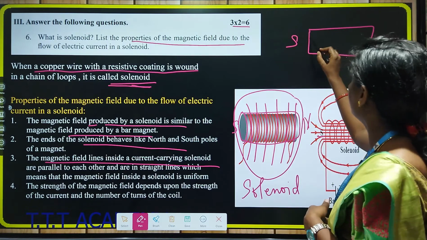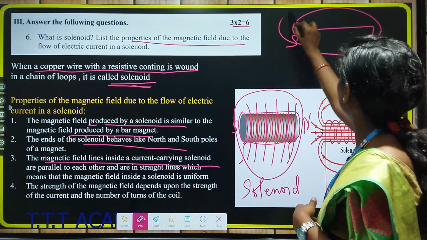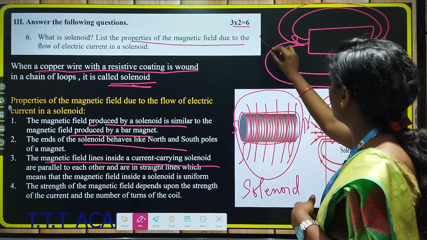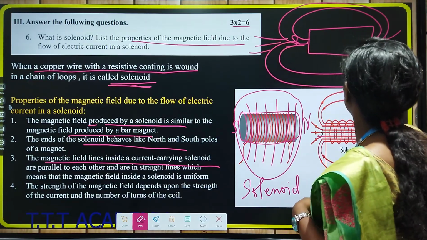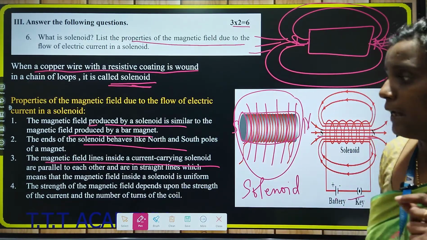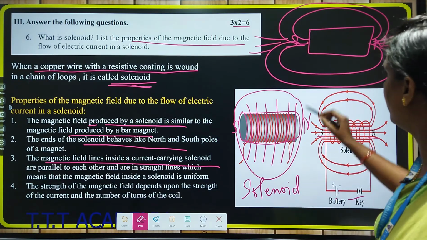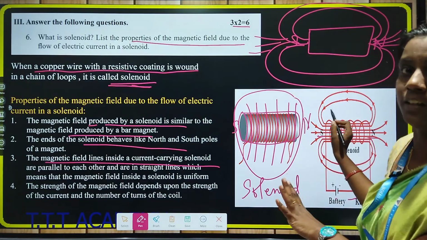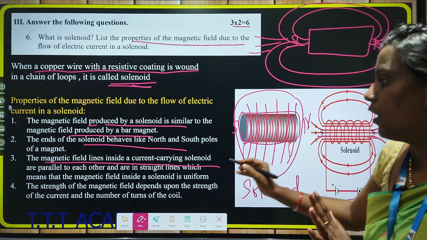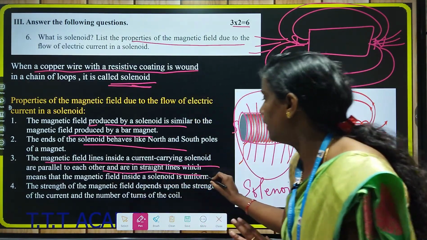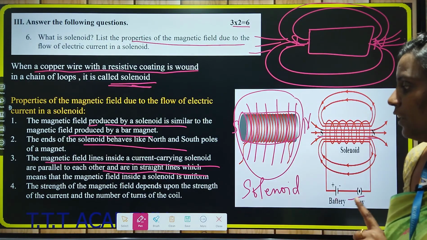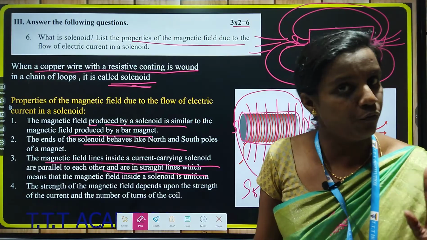You know that in the bar magnet also the magnetic fields will be parallel, and inside also, right children. So, the magnetic field lines inside a current carrying conductor, here the solenoid, are parallel to each other and in straight lines, which means that the magnetic field inside a solenoid is uniform.